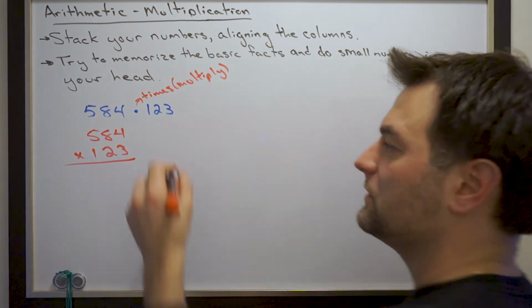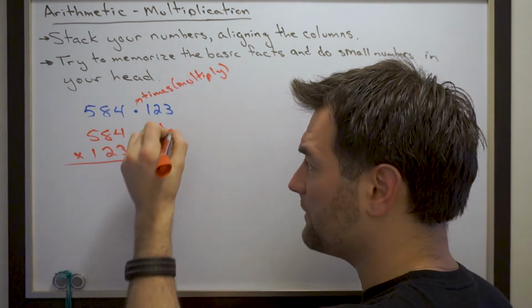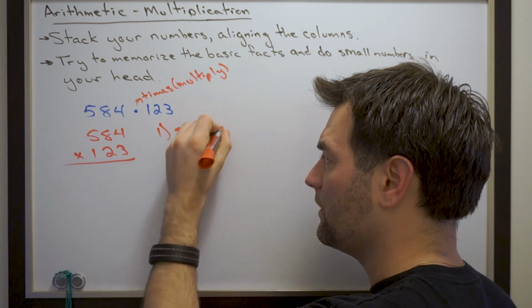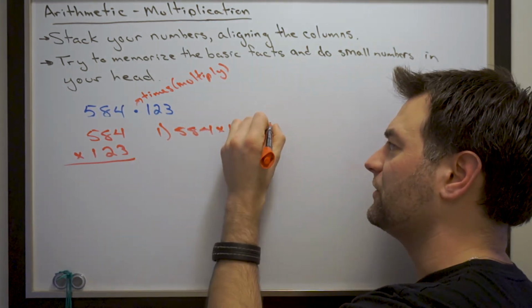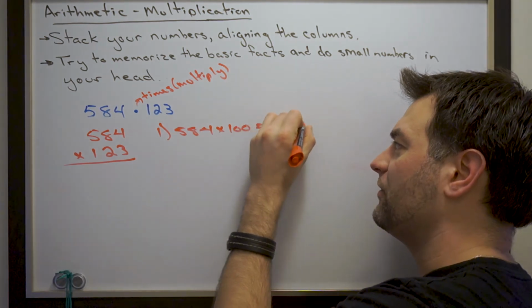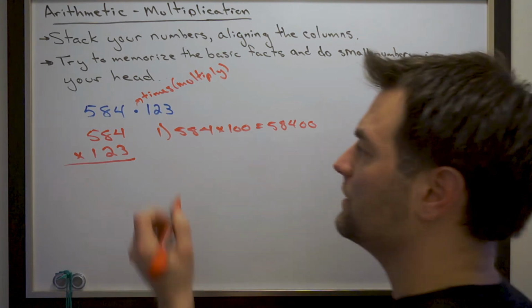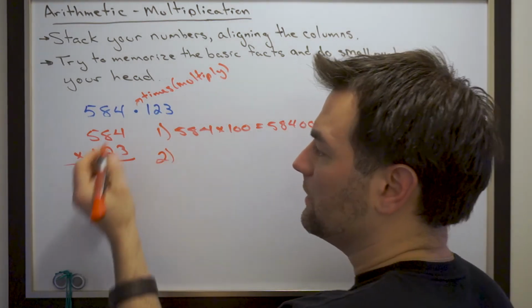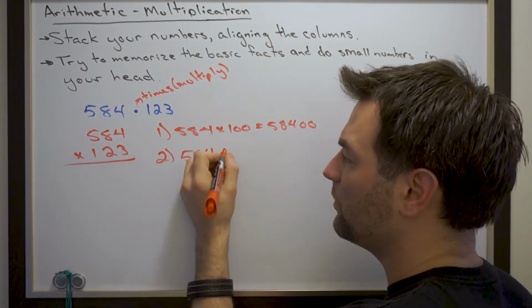So I'm going to do this, breaking it up into steps. I got 584 times 100. Anything times 100, we just tack on a couple of zeros. So 584, and then we put the 2 zeros on the end, so 58,400. Then I'm going to take 584 and multiply it by 20.